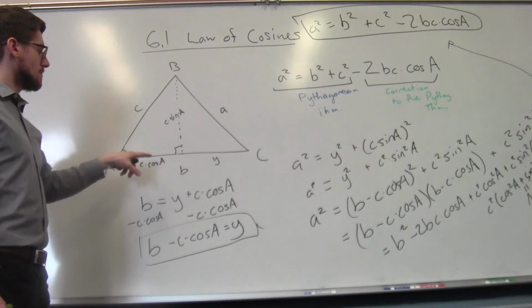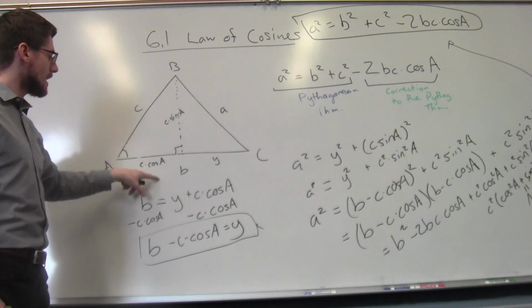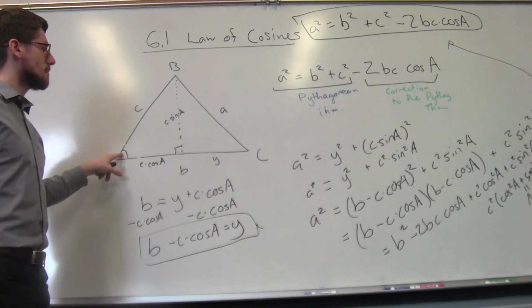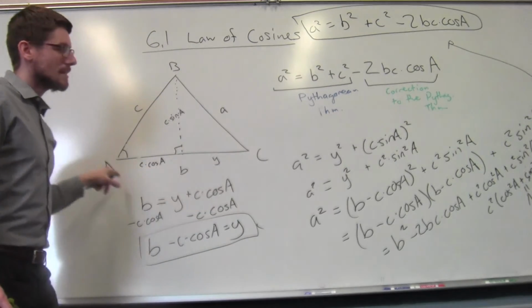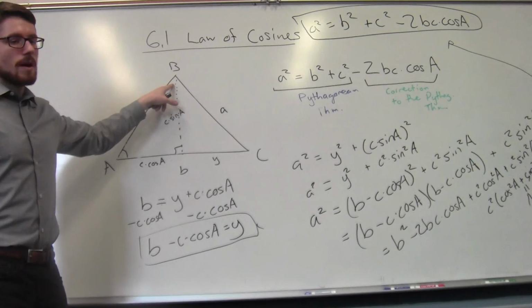It's just that you know B and C and the angle between them. So you know two sides and the angle between them. So there's an analogous statement to this if you know angle C or you know angle B.